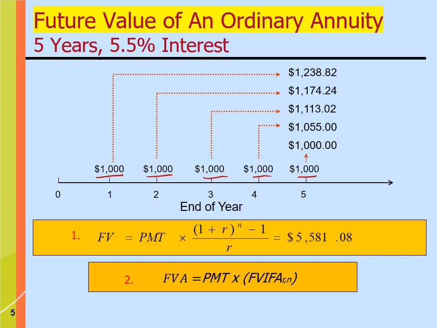Using Formula 1, where PMT refers to the payment of 1,000, you can find the future value of an ordinary annuity by plugging in 5.5% for R and 5 years for N. Another choice is to use the financial table of future value interest factor annuity to find the annuity factor and use Formula 2 to get the answer.